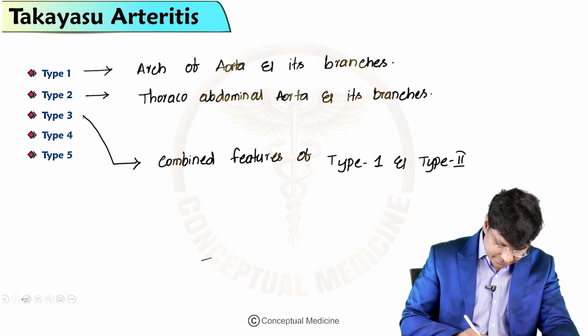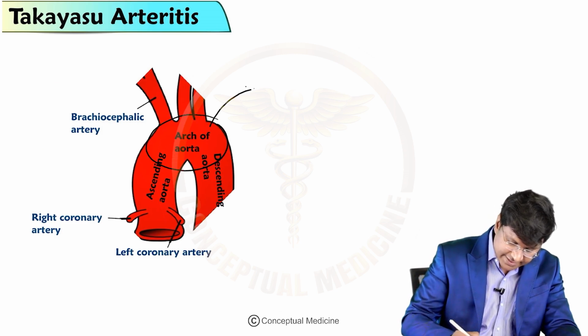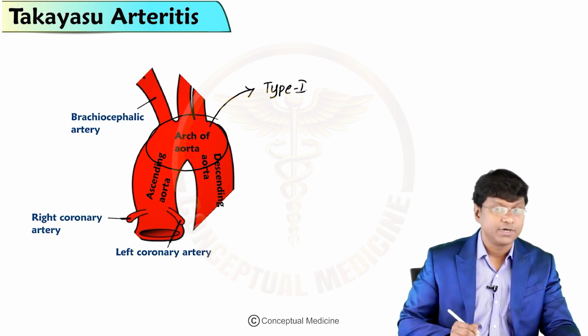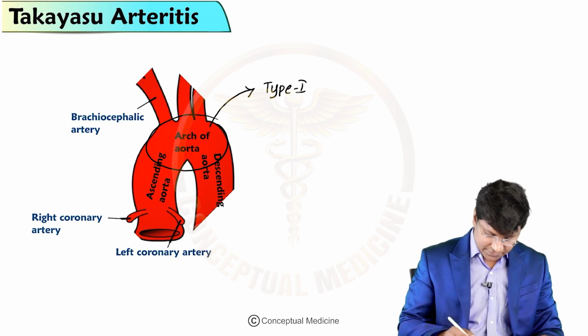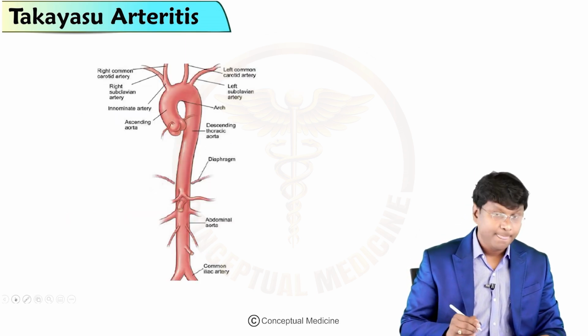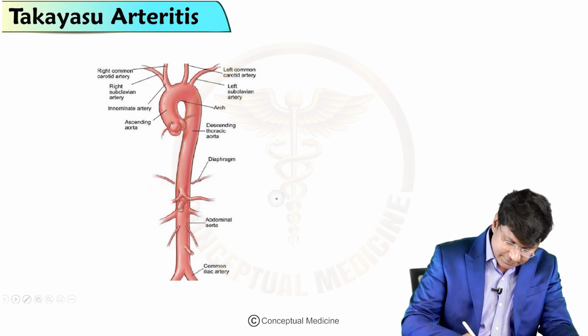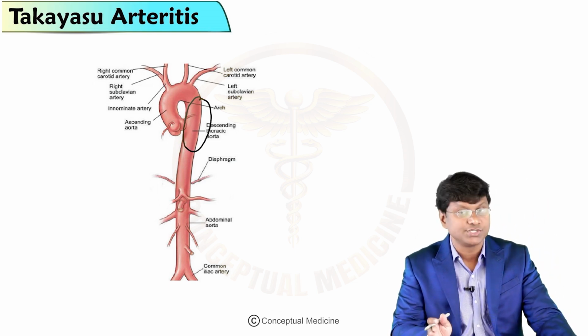If you observe, the arch of aorta and its branches, if it is involved, that will be your type 1 Takayasu arteritis. Whereas you take type 2 Takayasu. Type 2 Takayasu is that it is the involvement of thoracoabdominal aorta and as well as its branches.